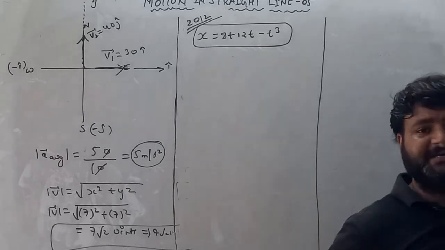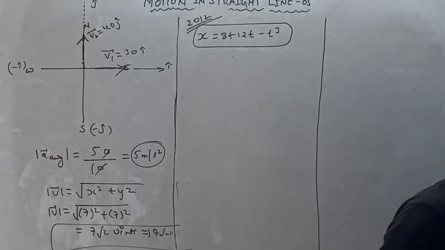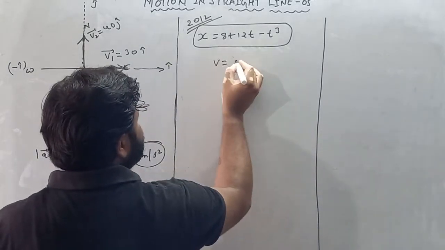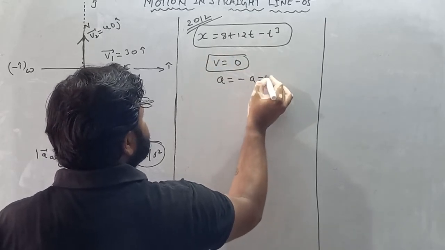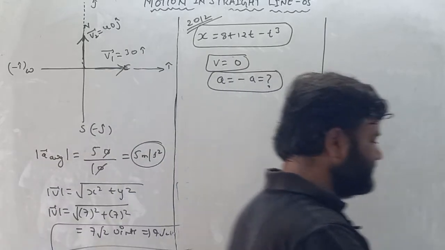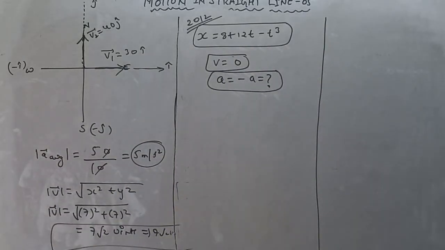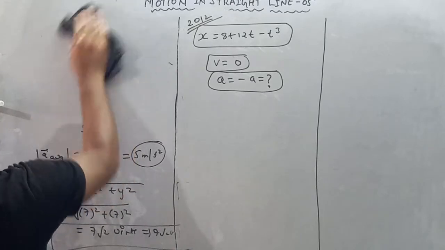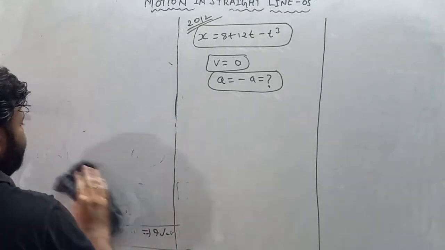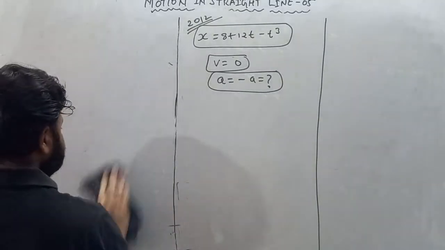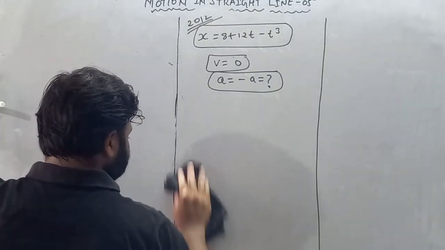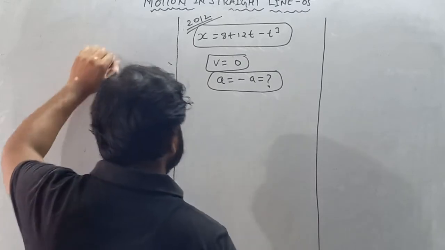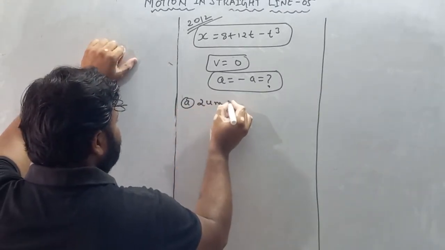The retardation of the particle when its velocity becomes 0 is, the options are: A option is 24 meter per second square.